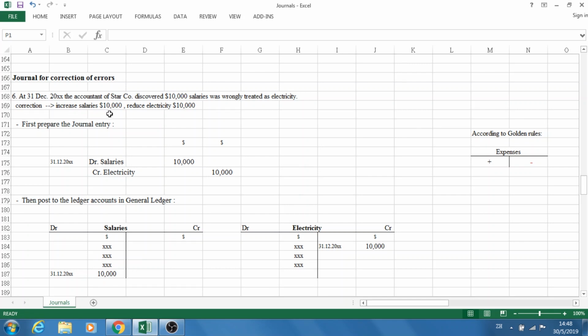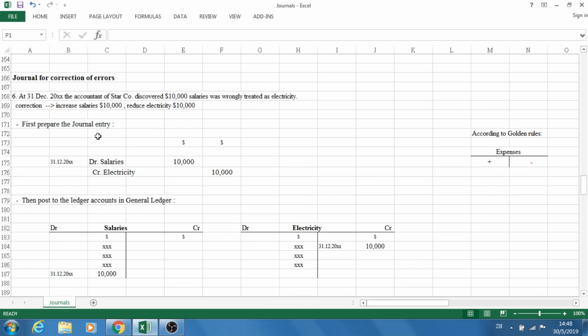Salaries should be increased 10,000. Electricity should be reduced 10,000. According to golden rules, addition of expense, that is the salary, should be on the debit side. Reduction of expenses, that is the electricity, should be on the credit side.